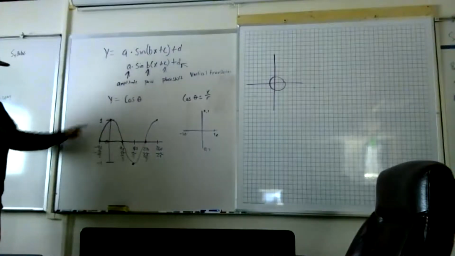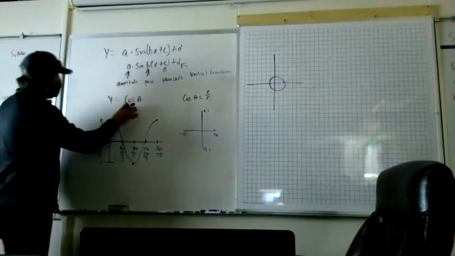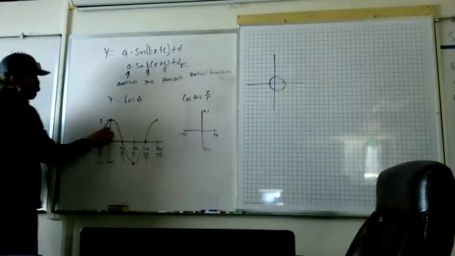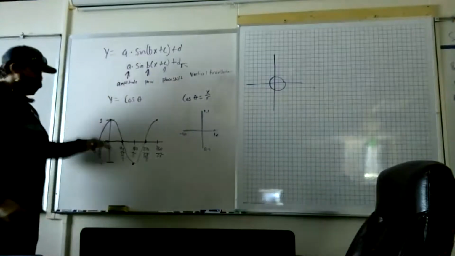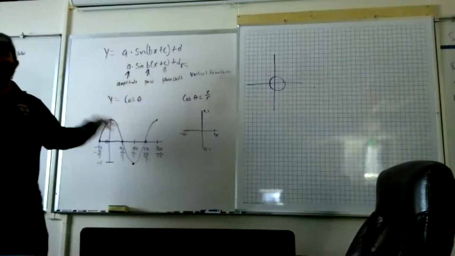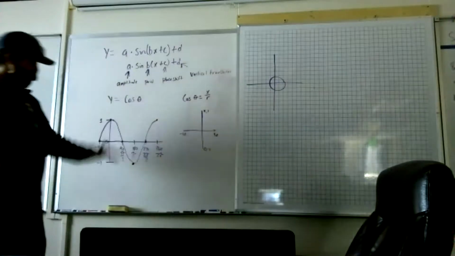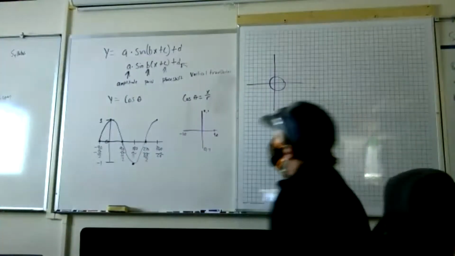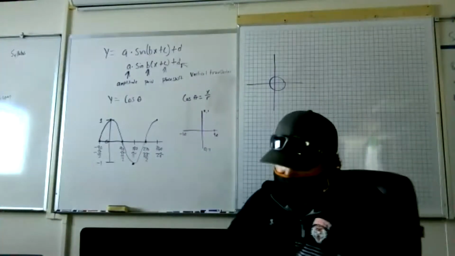So the amplitude for the original cosine and sine functions is 1. The distance from the midline to the max, or from the midline to the min, is how you define amplitude, and it's given by the absolute value of the A variable.